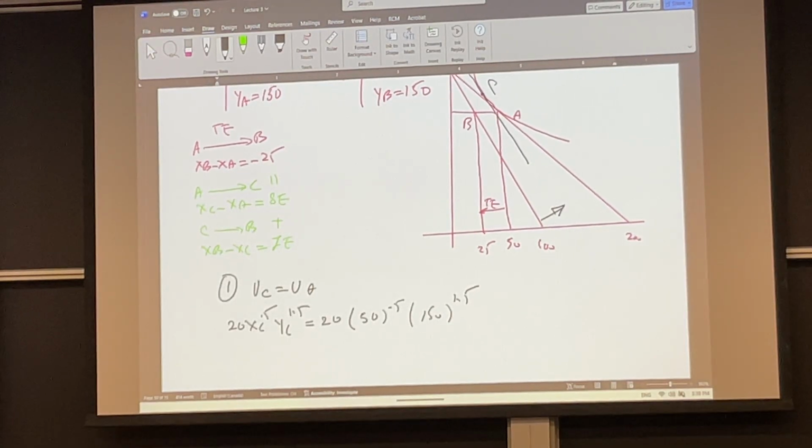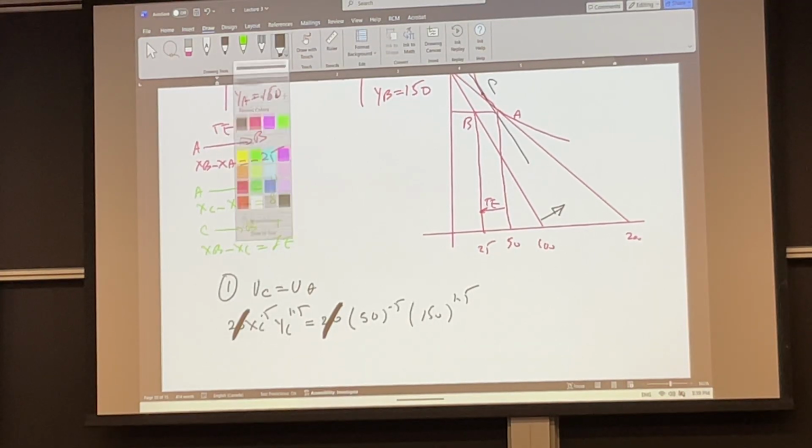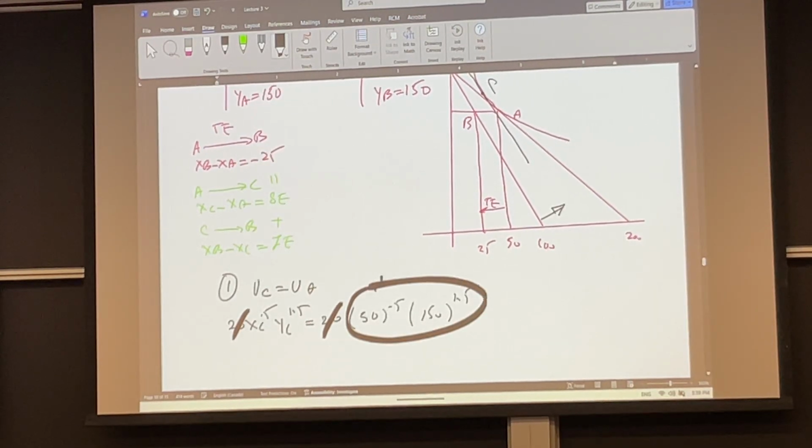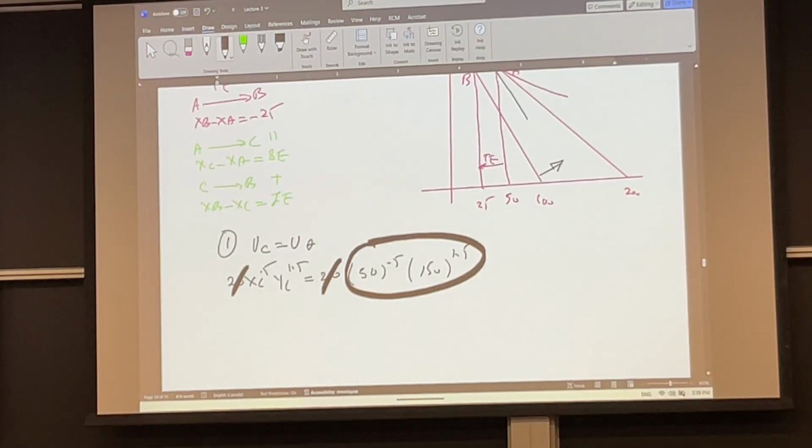To simplify it, get rid of this 20. Give me this one. How much is that one? I want that number. I need it. I'm going to use it in a bit.